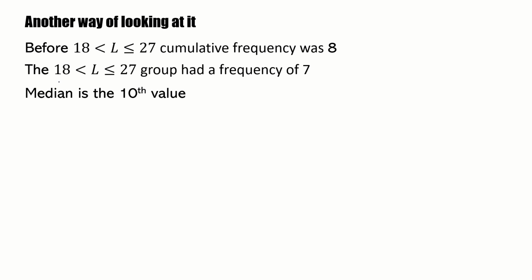But anyway, so in this question, we got the same information again as before, except I have changed one bit of information out. I've changed out to mention that the group that the median lies in has a frequency of 7. And that's a bit of information that was effectively told to us, I should say, in the original frequency table.